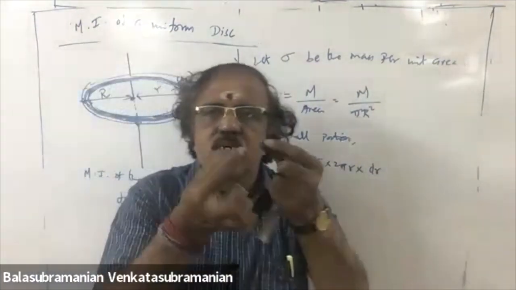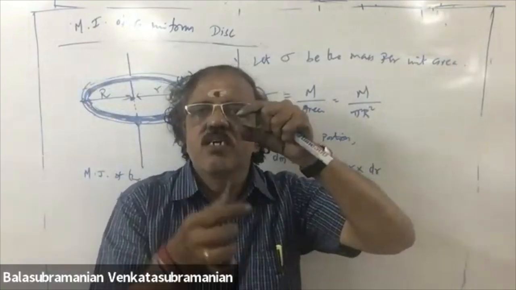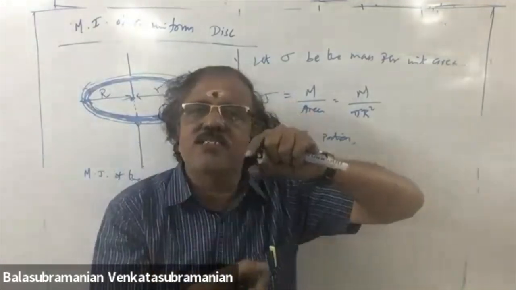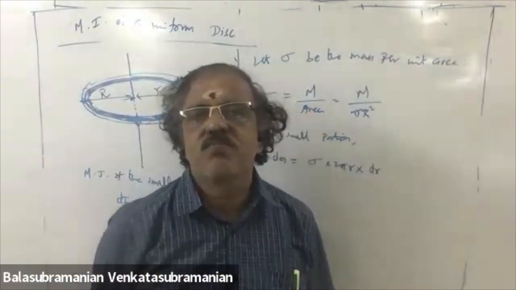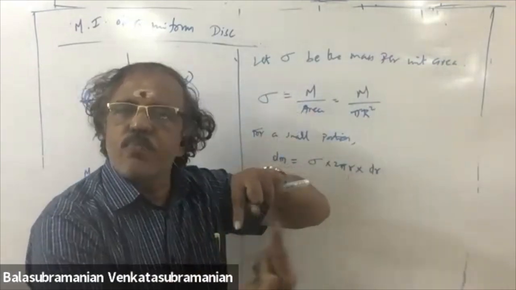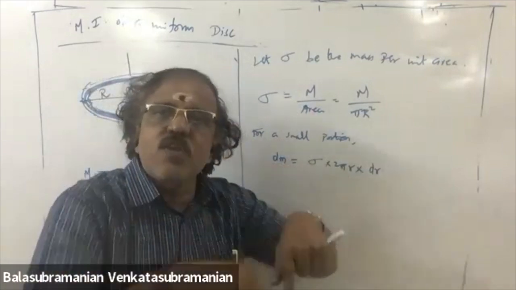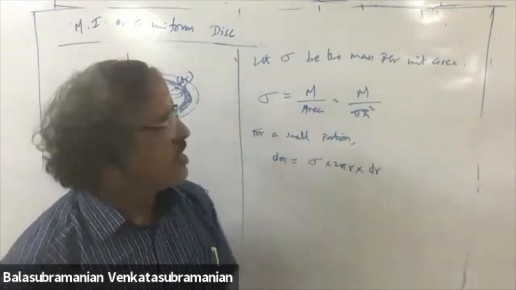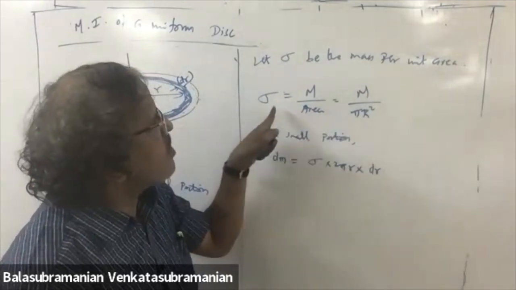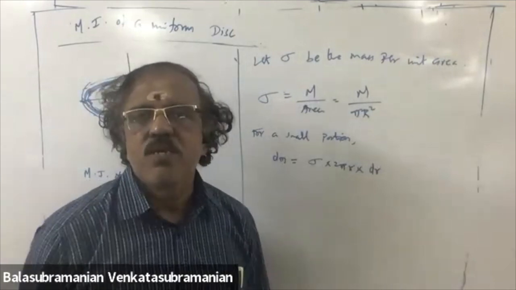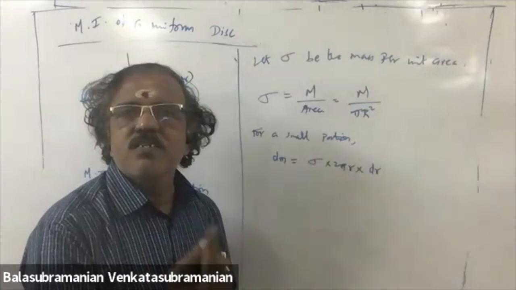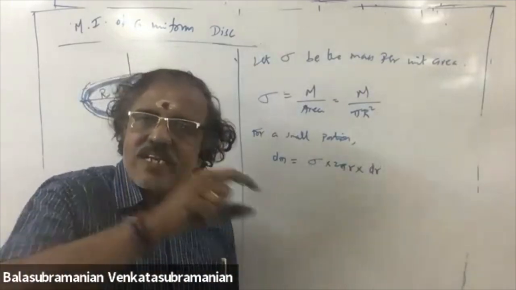In this disc, the entire disc you have, small portion only you are considering. In that we have a thickness dr. So 2 pi r circumference into the thickness will be the area there. Sigma into area: pi r square is for the entire disc, small portion only we need. So it should be 2 pi r into the thickness dr.